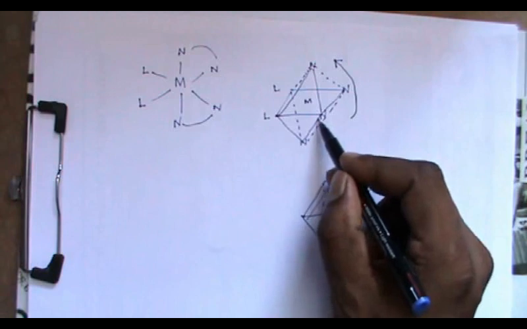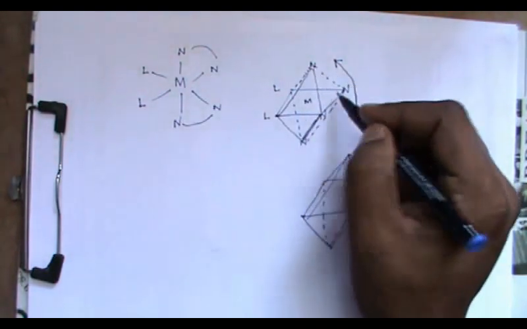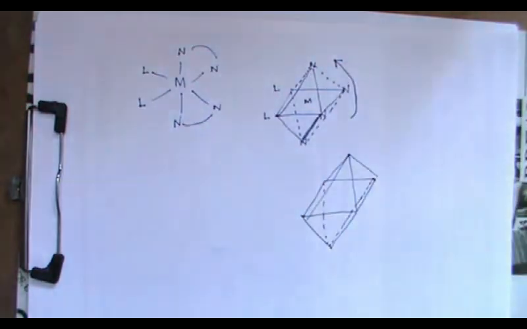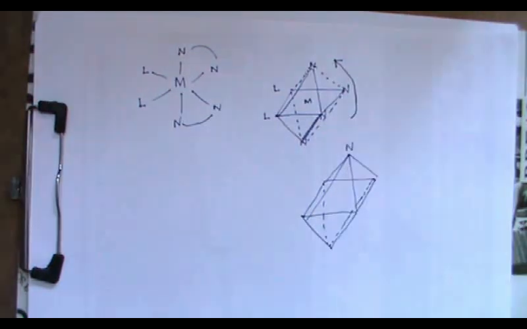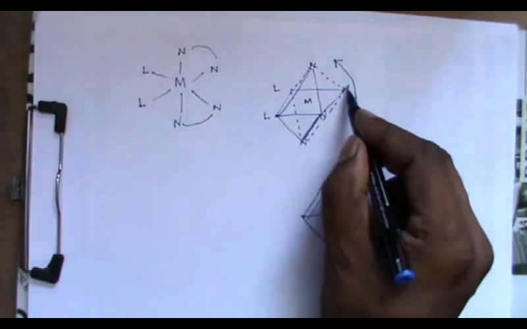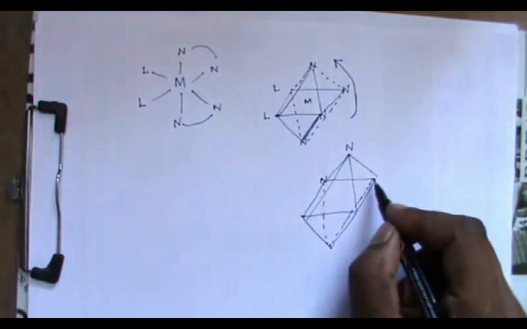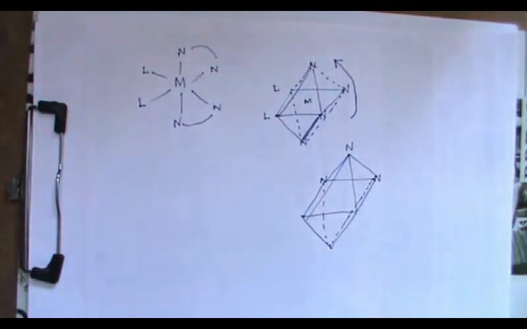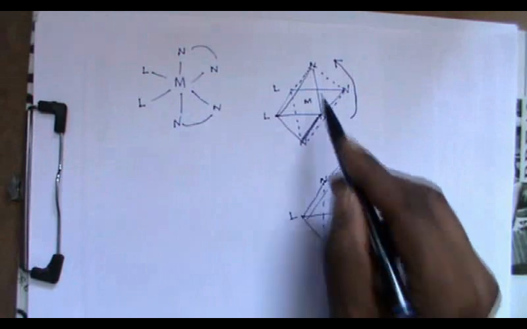Since I have to consider this line and this line, I rotate this nitrogen by 90 degrees. So I have to bring this to the top. What I get is these two nitrogen atoms will be backside. I bring this to the top.